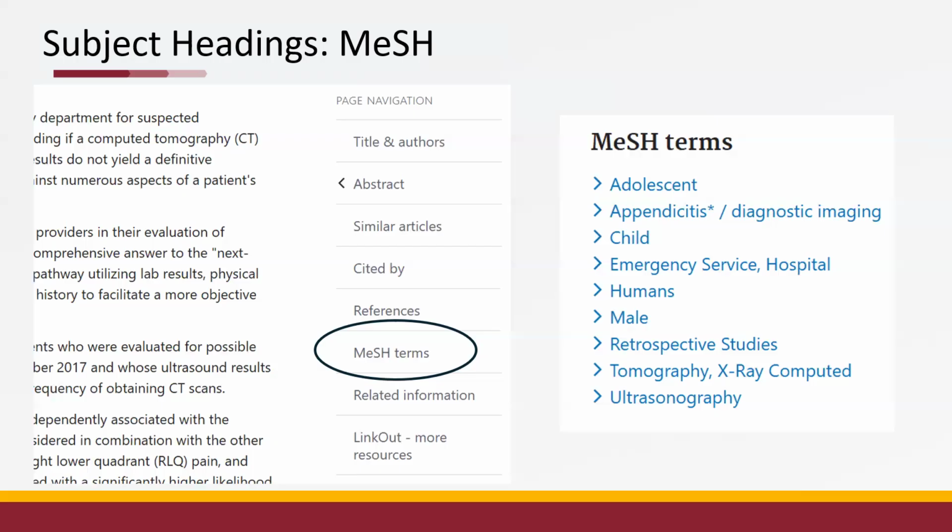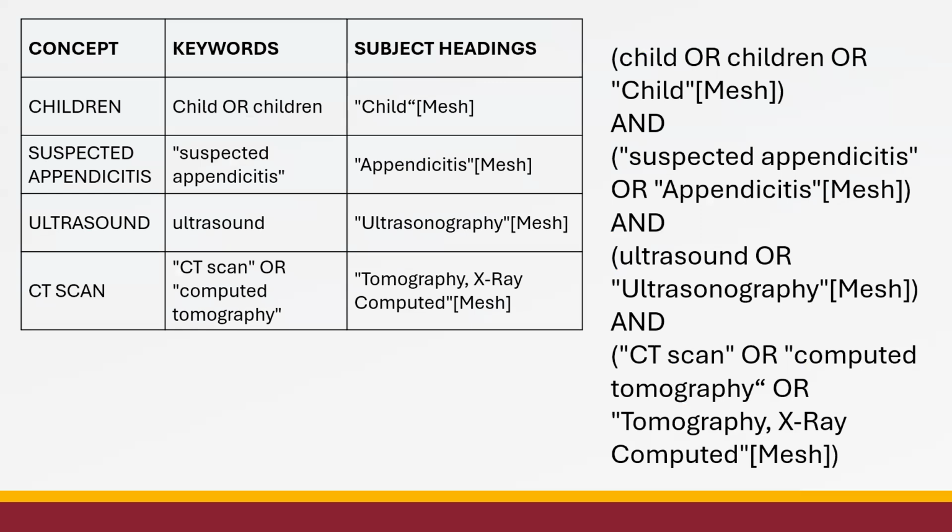Okay, so I went ahead and pulled all of the MeSH terms for our concepts so that we can add those to the search. As you can see, we've got MeSH terms with very specific formatting, and you have to have that formatting. It has to be "Tomography, X-Ray Computed" with the quotes and the brackets that say MeSH.